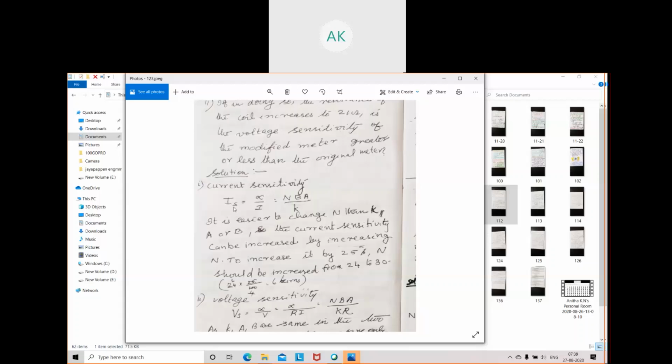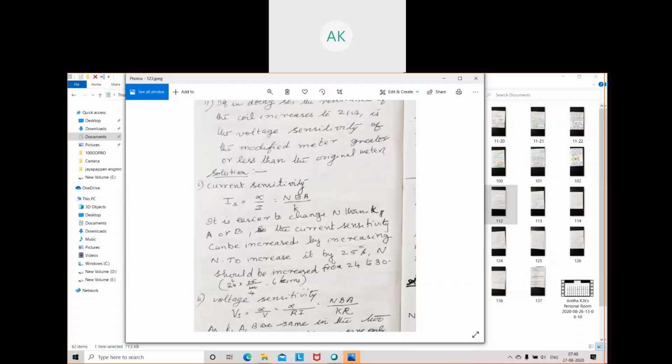By increasing N, increasing B, increasing A, decreasing K. Here we are increasing N. It is easier to change N than K, A or B. So the current sensitivity can be increased by increasing N.